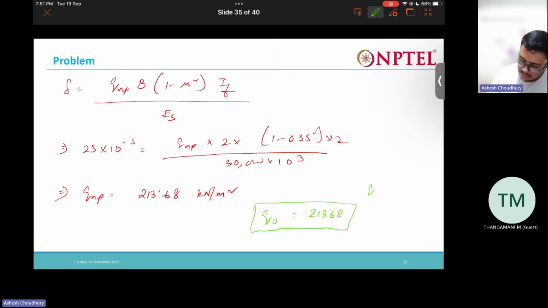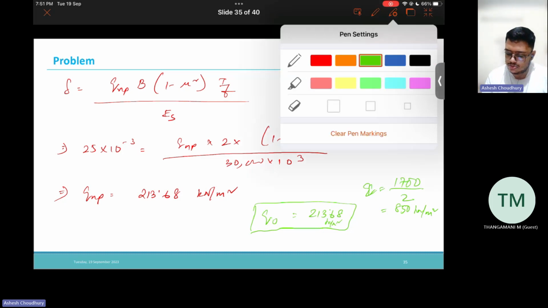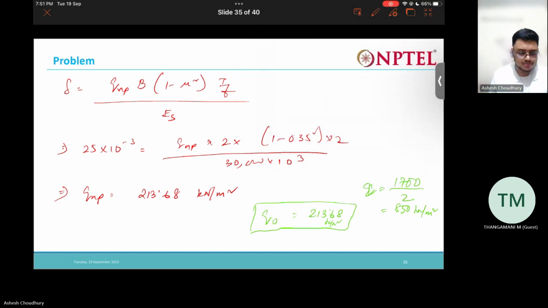Q is 1700 divided by 2, which is 850, because the width you are now considering is 2.